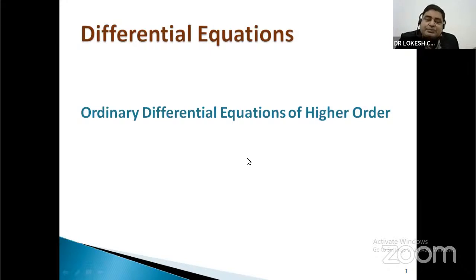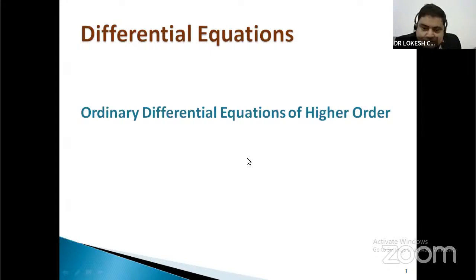If we describe an ordinary differential equation, we say it is an equation which involves the unknown function and its ordinary derivatives. The unknown function which we are going to determine from the equation is a function of a single independent variable.